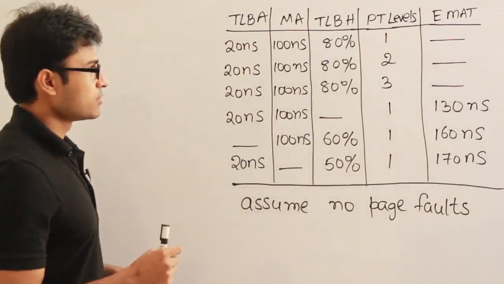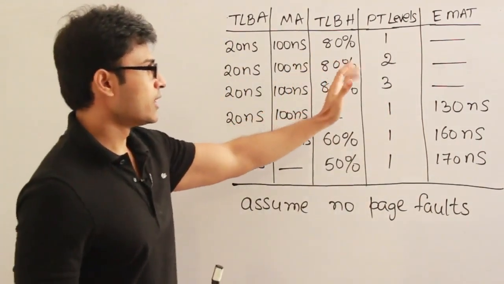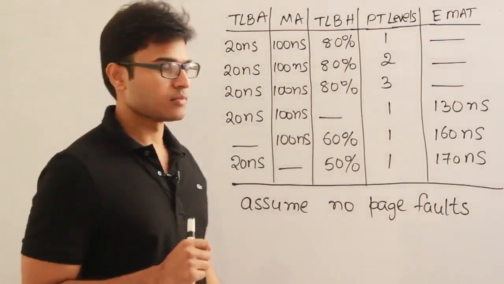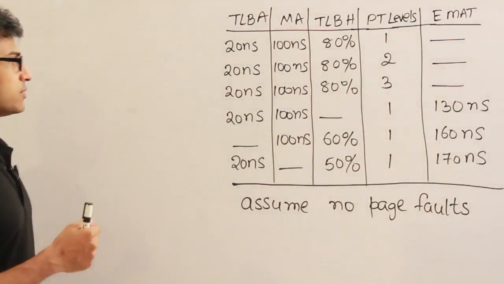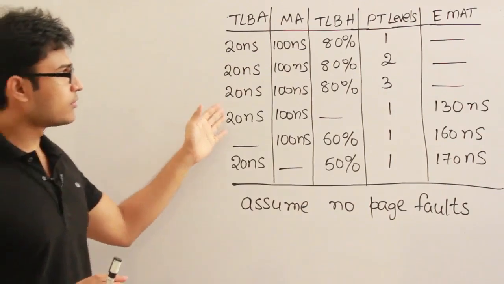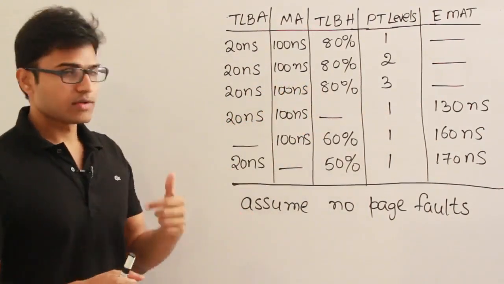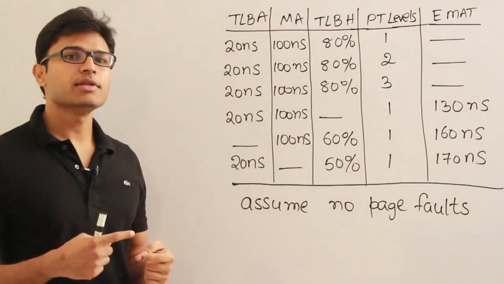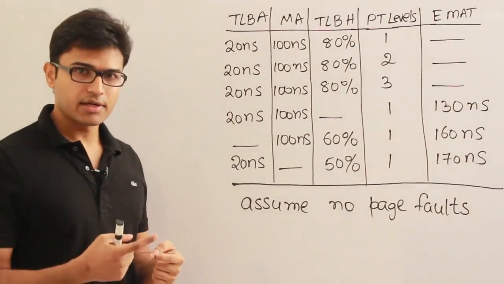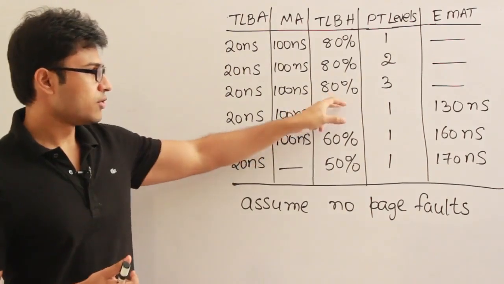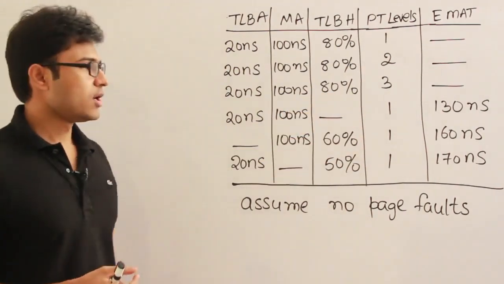One kind of question possible is, the entire data will be given and they will ask you what is the effective memory access time. The other kind of question is, they will give you the effective memory access time, and then you are supposed to say what the TLB hit rate should be, so that you get such an effective access time.